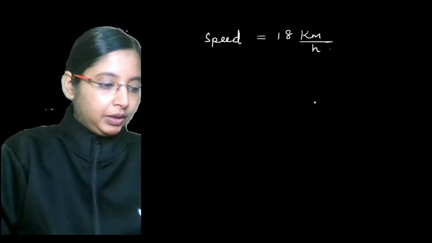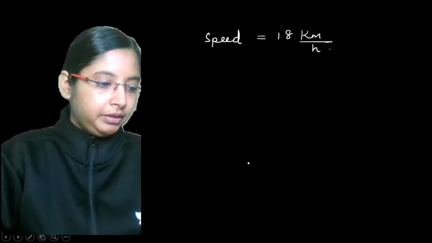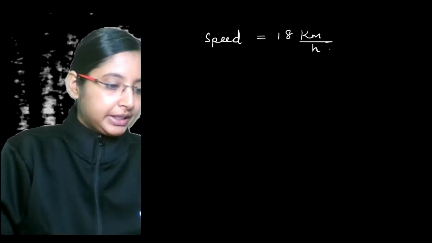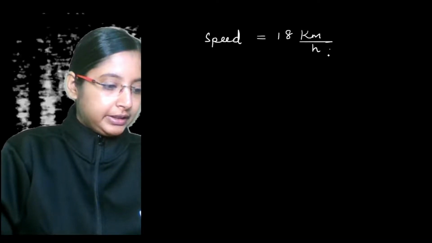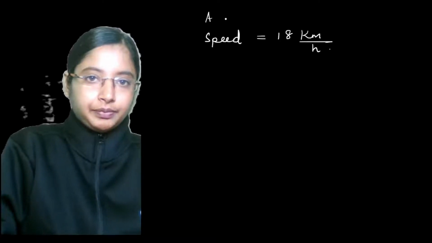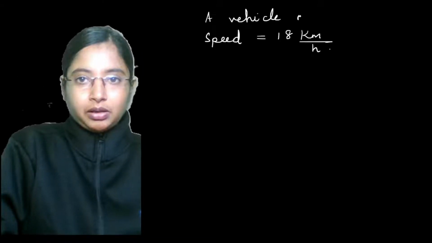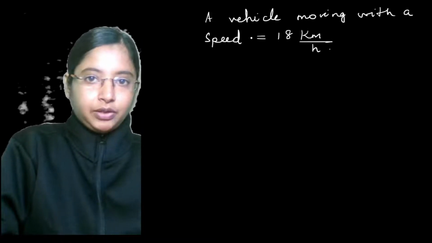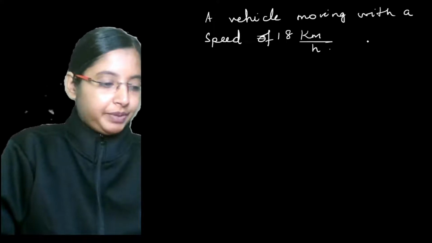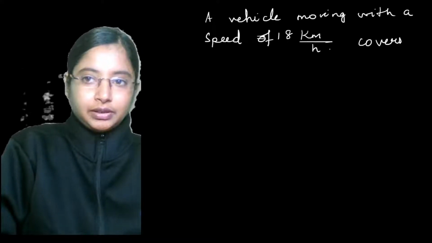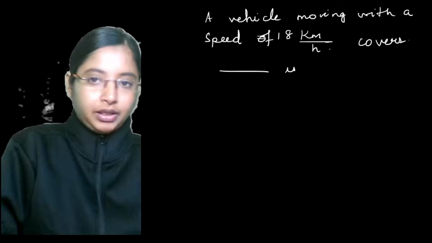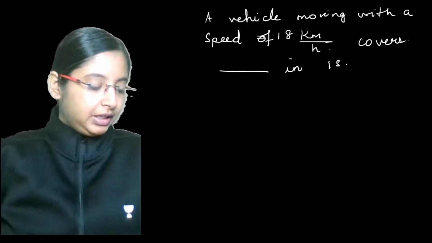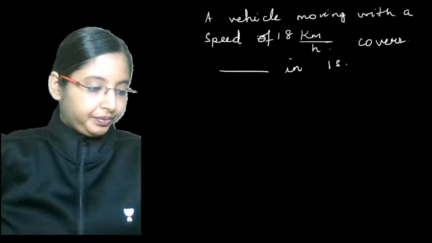Now how do you express this unit in meter? A vehicle moving with a speed of 18 kilometers per hour covers how many meters in 1 second? We want to find out how many meters it will cover in 1 second. How do we do this question?